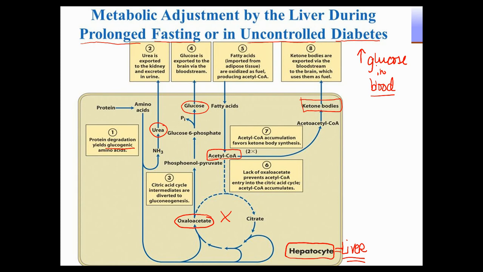Like it's in a fasting state, even though the bloodstream has it. So, in other words, in uncontrolled diabetes, you still have all these processes going on. You have protein degradation, fats get pulled out to make acetyl-CoA, but you can't run through Krebs. And since Krebs shuts down, you have an increase in ketone bodies. And then these guys are now in the blood.